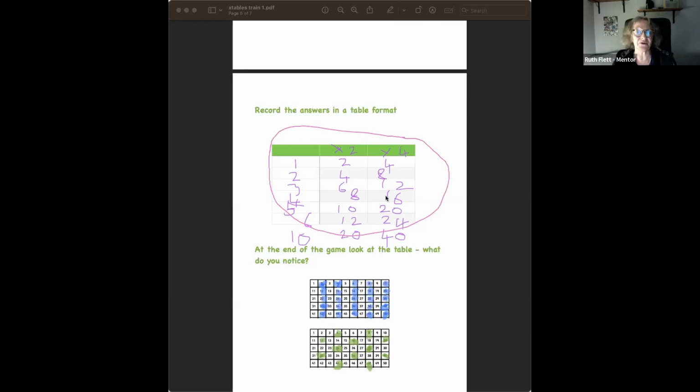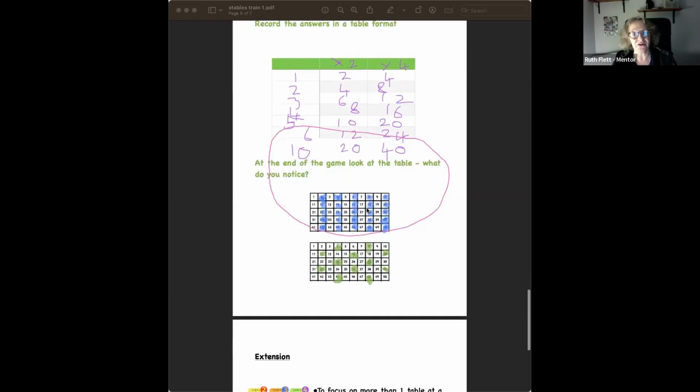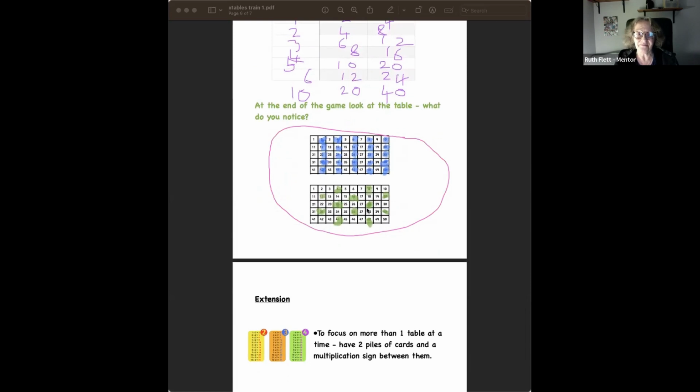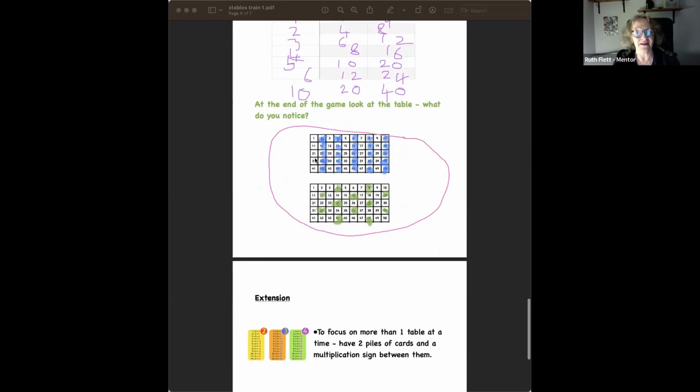The other thing that you could get your child to look at would be to use a 100 square and to shade in what they came up with from playing the game and what patterns do they notice there. So in the first one here, you can see the blue columns, so it's every other one.